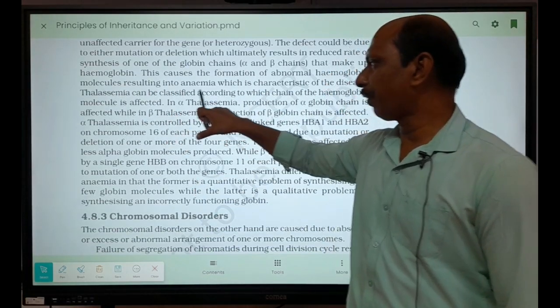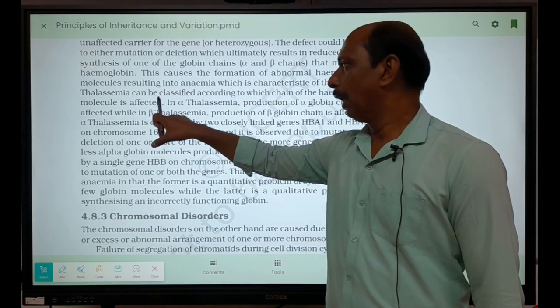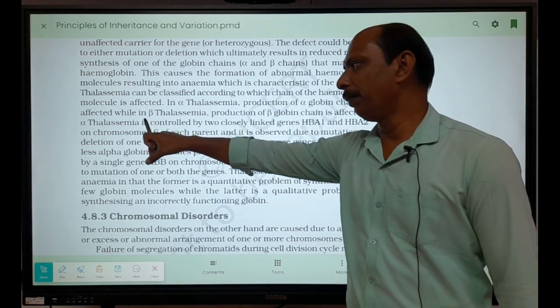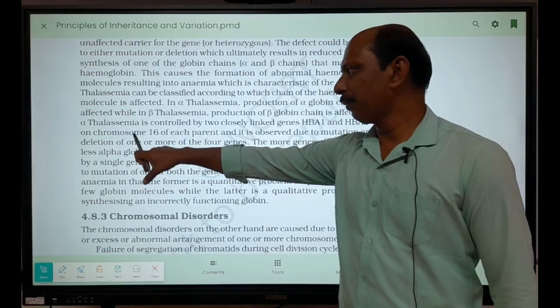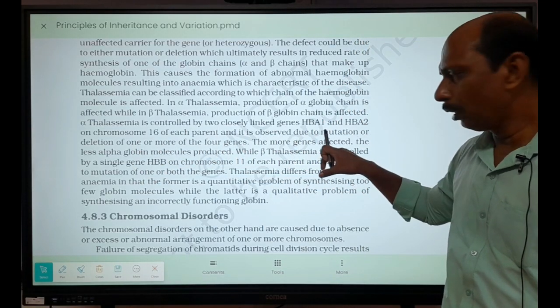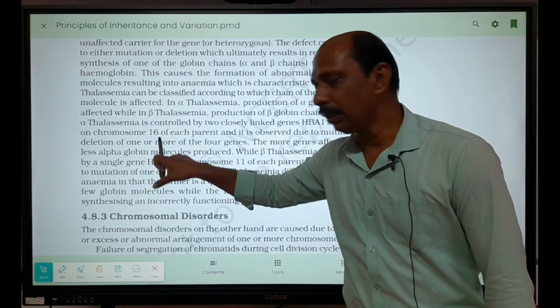Thalassemia can be classified according to which chain of the hemoglobin molecule is affected. In alpha thalassemia, production of the alpha globin chain is affected, while in beta thalassemia, production of the beta chain is affected, right? Alpha thalassemia is controlled by two closely linked genes, HbA1 and HbA2, on chromosome 16.